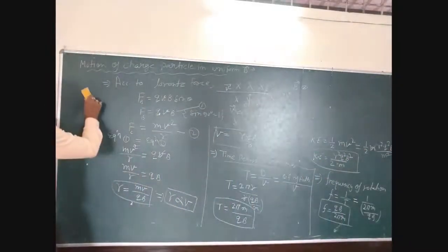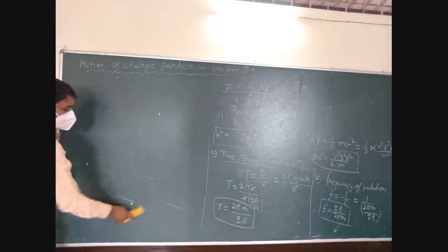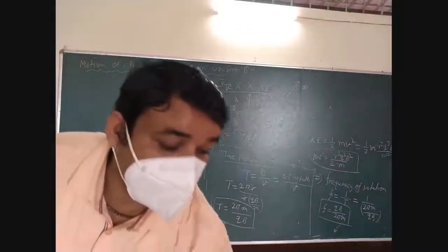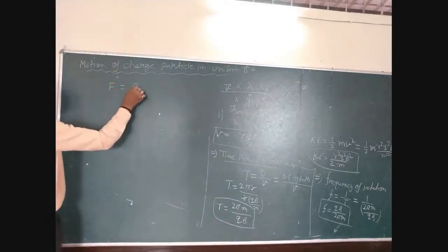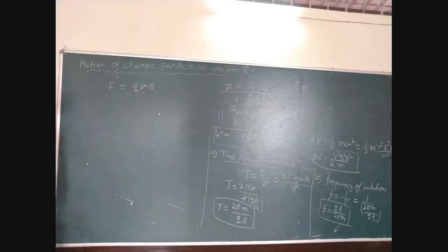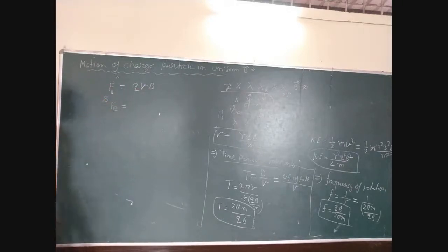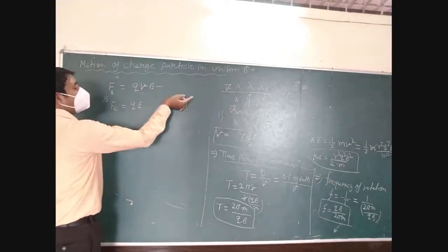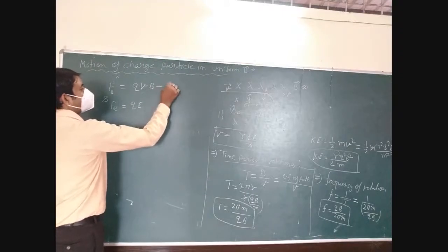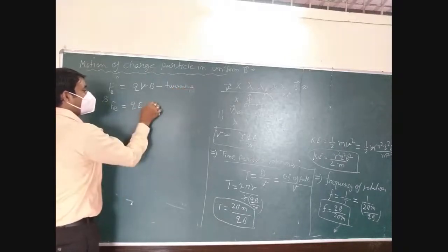Here, students, we have another concept related to the same topic. This force qvB is experienced by the particle in the magnetic field, and we also have the force of the electric field, qE. The magnetic force gives the turning effect, and the electric force gives the linear motion.